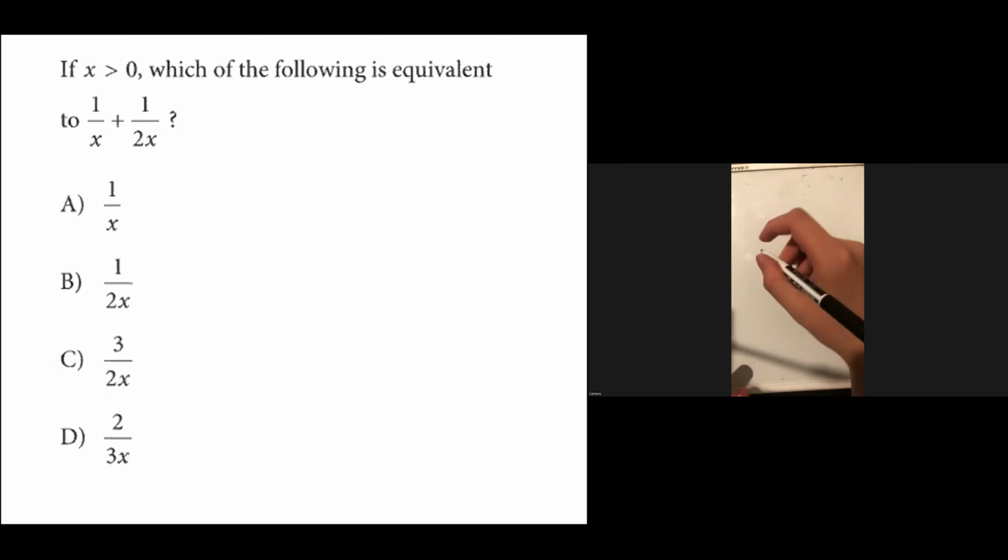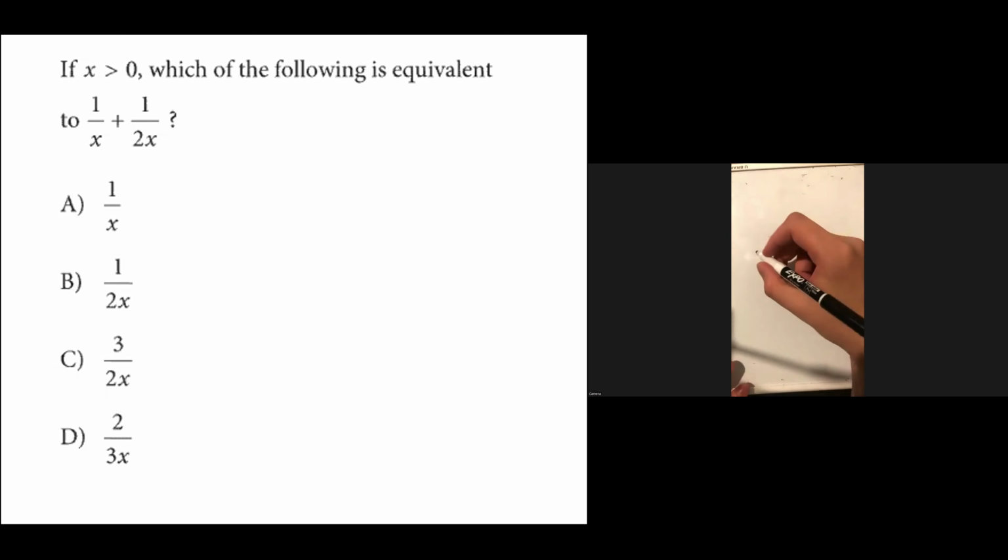Okay, so for this one, we're given an expression, 1 over x plus 1 over 2x, and we're told to turn this into just one fraction. We can't actually add two fractions that have dissimilar denominators. This has x in the denominator and this has 2x, so you can't add these.